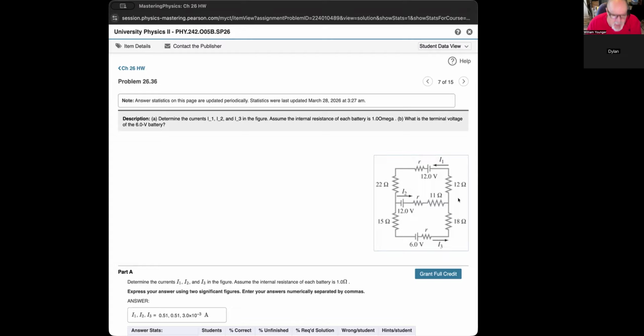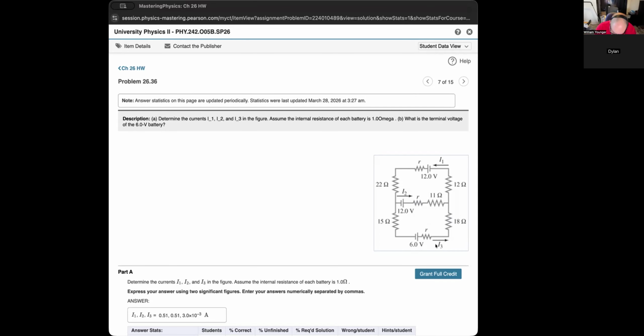So I'm going to see if we get the same answers, because I only had one attempt left. I got 0.51, 0.51, and then 3 times 10 to the negative third for the three currents. Oh, because I ended up getting 0.51, 0.51, and then like 2.7 times 10 to the negative third.